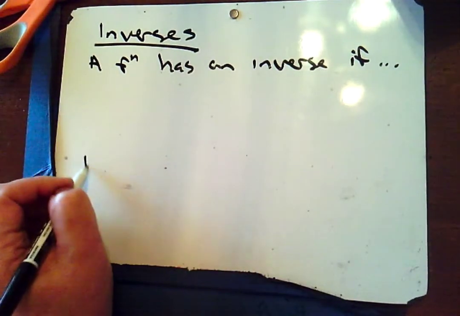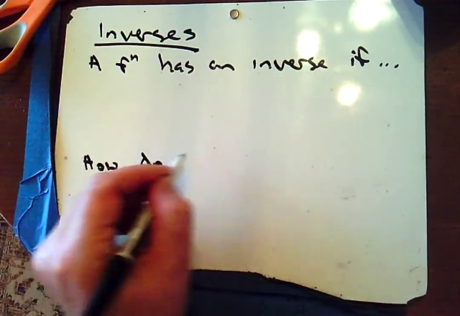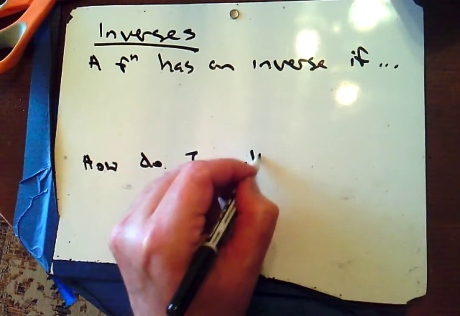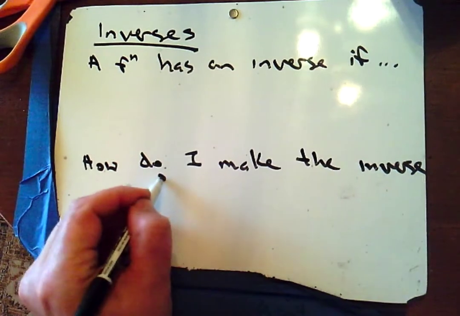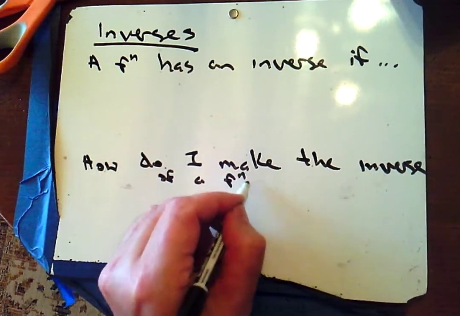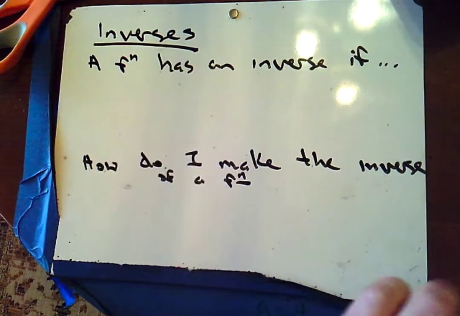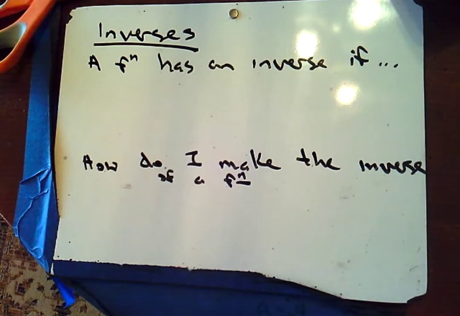This isn't how do I make the inverse of a function. We'll do that in a few minutes. Right now, I just want to know a function has an inverse if what's true.